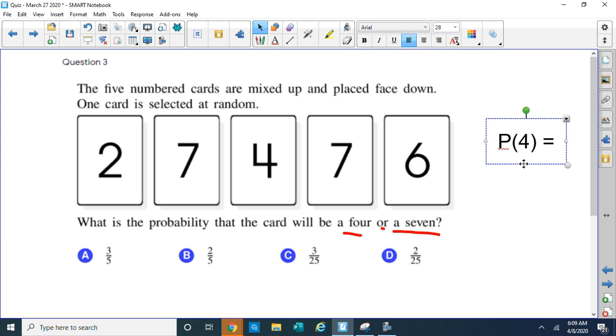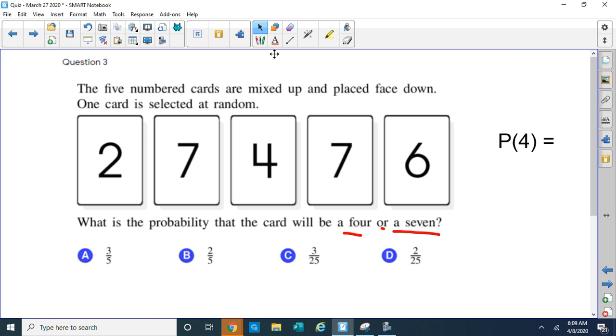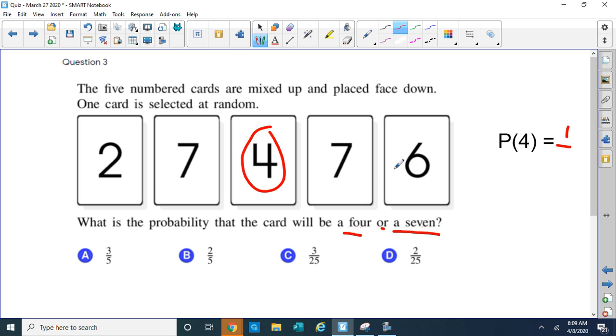Well, how many 4s we got? I see this one right here. No more 4s. So I got 1 four out of 1, 2, 3, 4, 5 different cards. So there are 5 different cards that I can get, and I only have one of them that's a 4.